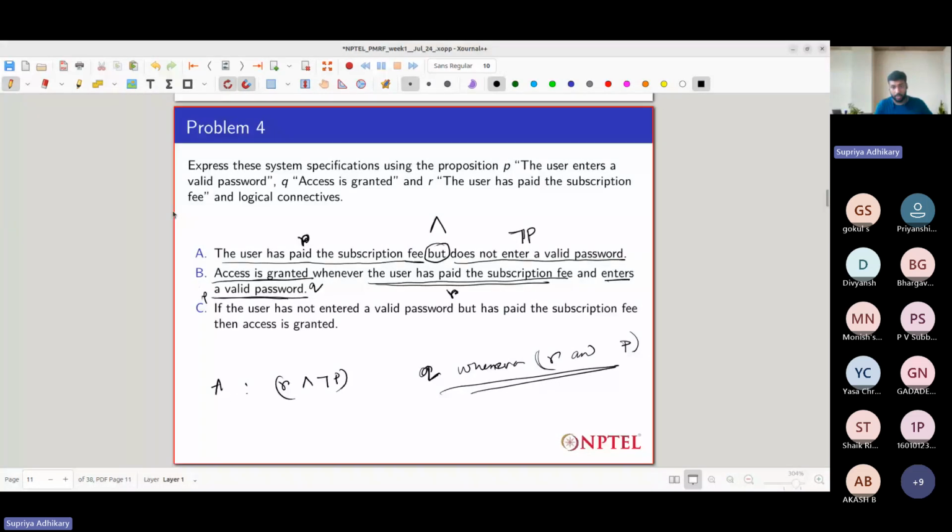So that means that when R conjunction P happens, then Q happens. So this is a sufficient condition for Q.